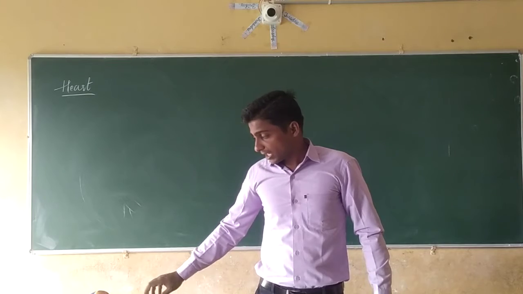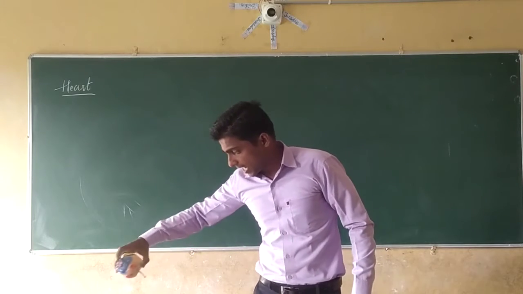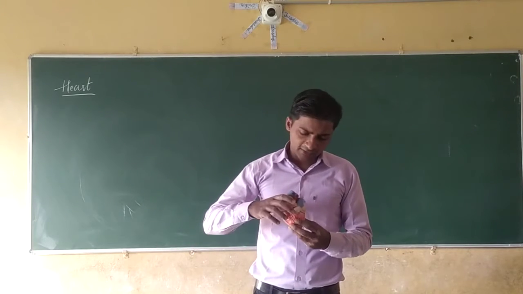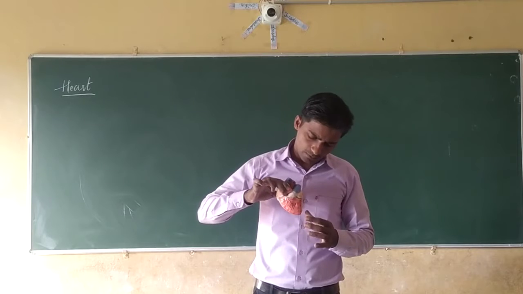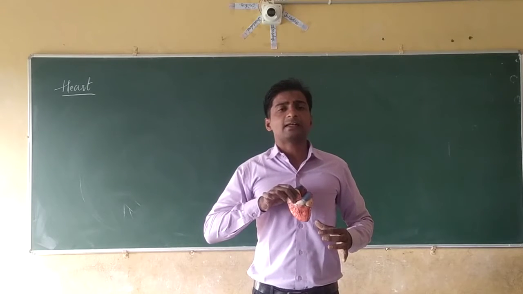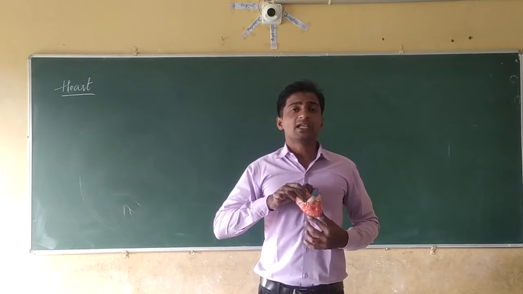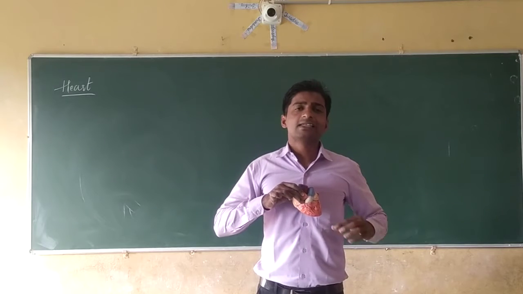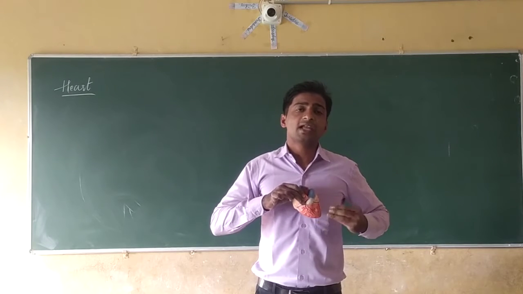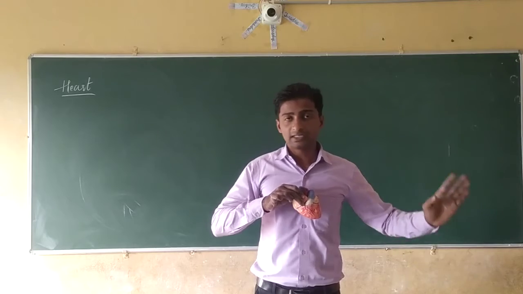See, I am having the model of the heart. The heart is a muscular organ present exactly at the center of the chest cavity, and its lower end is a little deviated towards the left side, isn't it?